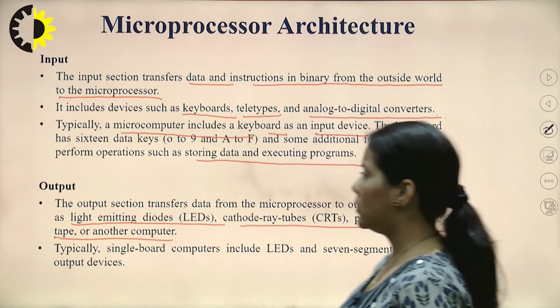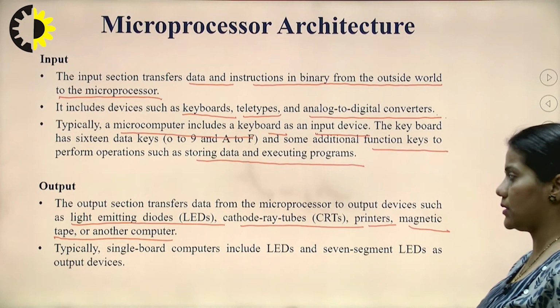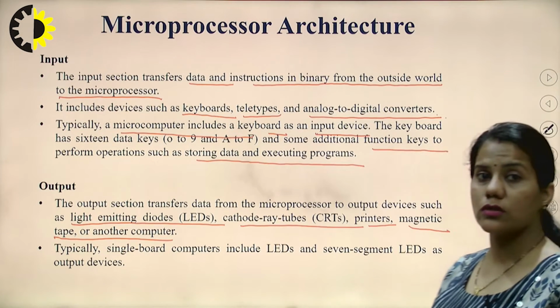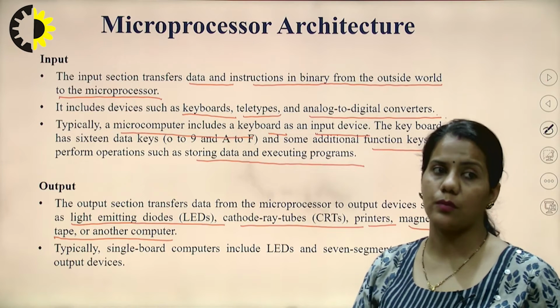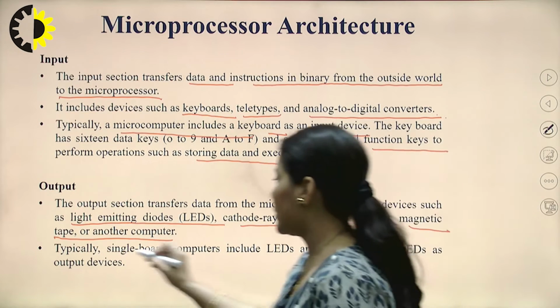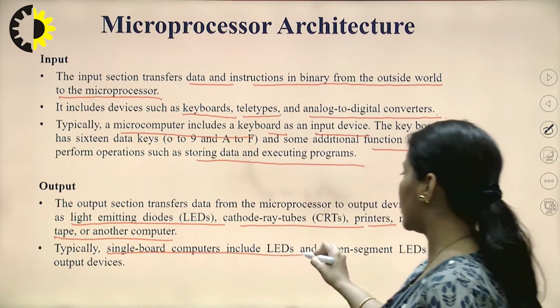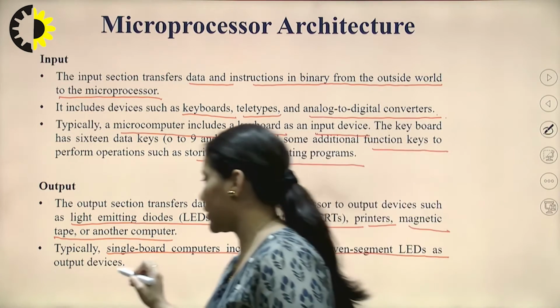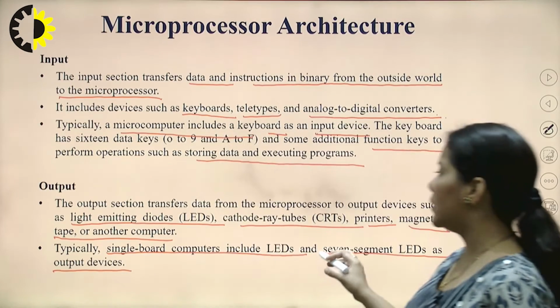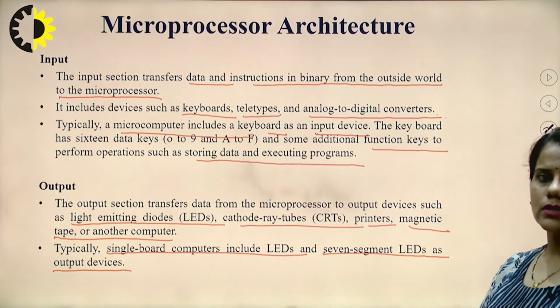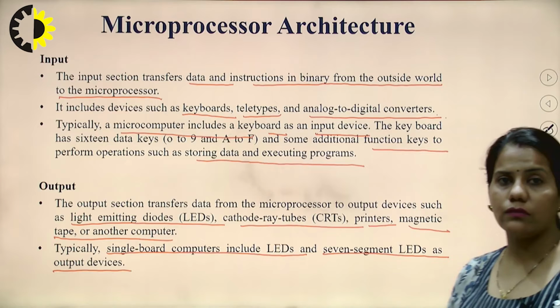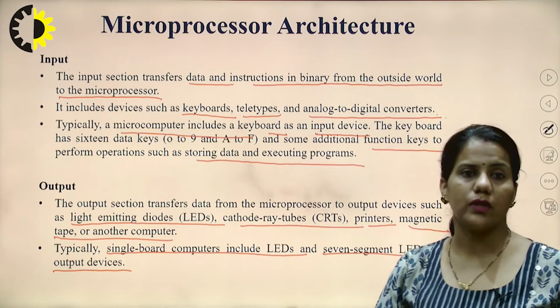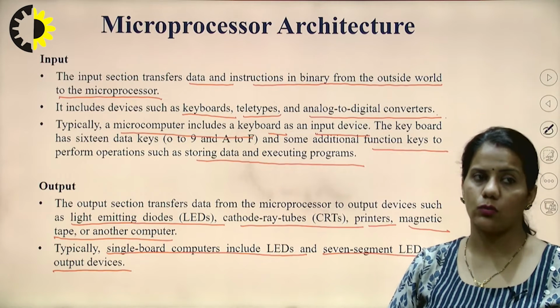These are the output devices, or we can say these are also the storage devices where the outputs can be stored. Typically, single board computers include LEDs and 7-segment LEDs as the output devices. These are very popular output devices, where we can infer our output, we can judge our output, we can test the output.